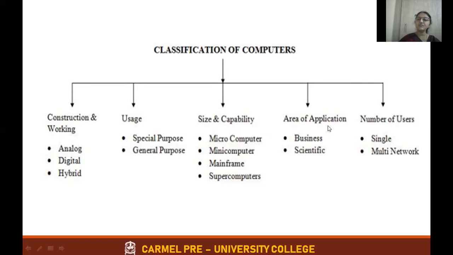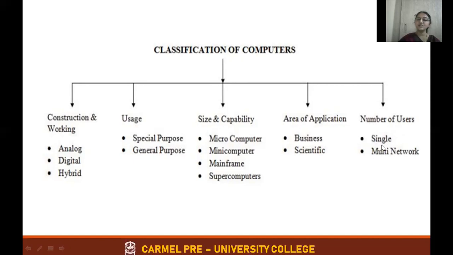Area of application means there are computers used specifically for business applications, whereas certain computers, supercomputers and so on, are used only for scientific applications, which we don't use in general. Depending on the number of users, if only one person can use the system, those are called single user computers.